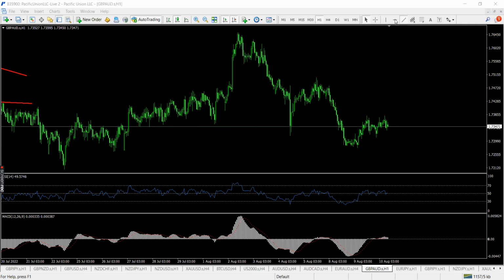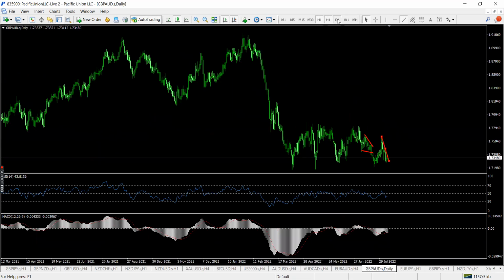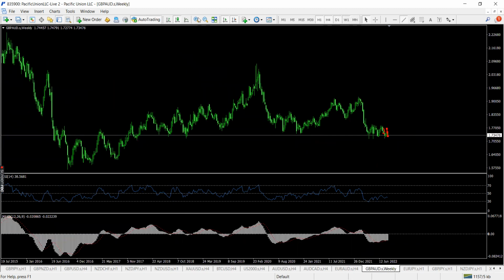Okay, GBP CAD. I think I can see the rising wedge. Sorry, falling wedge rather. Now this is the one that has the support on the weekly time frame.